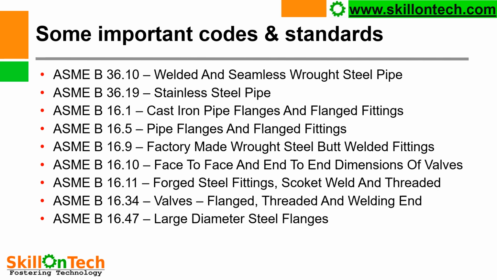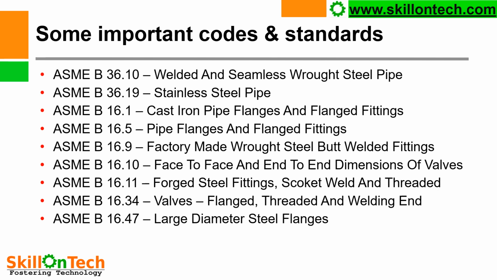Some important codes and standards. ASME B36.10, welded and seamless wrought steel pipes. ASME B36.19, stainless steel pipes. ASME B16.1, cast iron pipe flanges and flanged fittings. ASME B16.5, pipe flanges and flanged fittings. ASME B16.9, factory-made wrought steel butt-welded fittings.